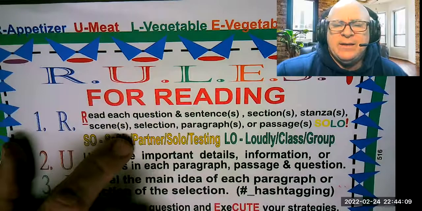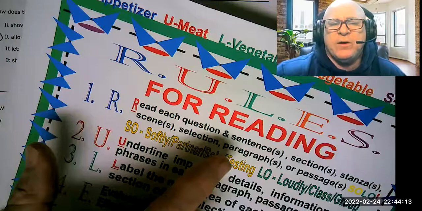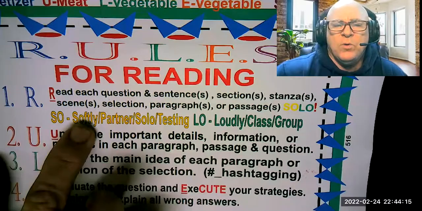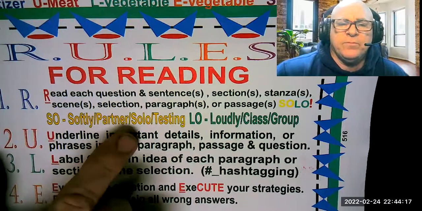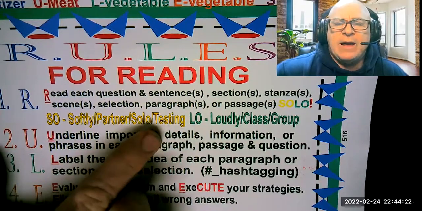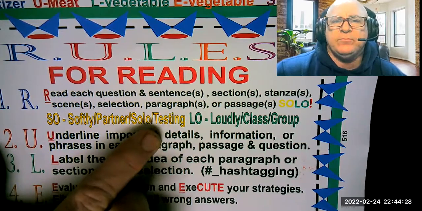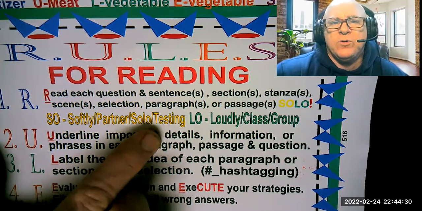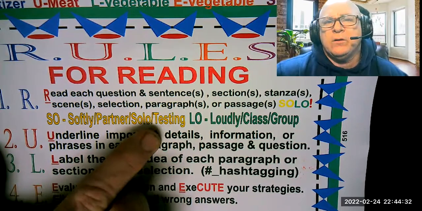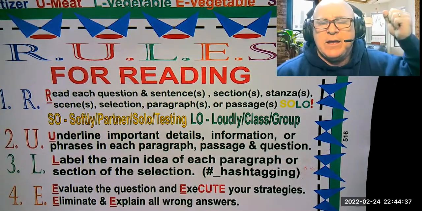Now, if your kids would be asked to open their mouth softly when they're reading with a partner or solo for testing, then they would actually be able to act out the parts of the two characters in the play, the owner of the dog and the dog who's being called Dog. So his name has a capital.